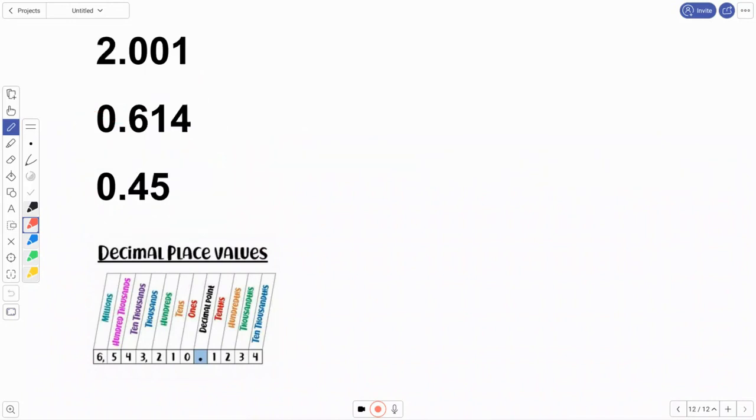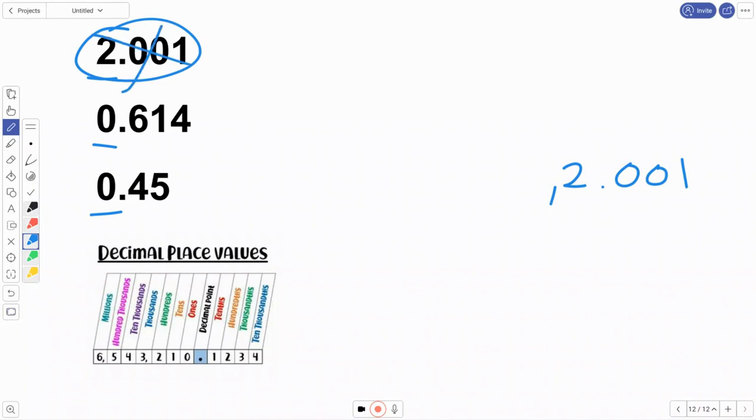All right, let's work through one more. This one, we're working smallest to biggest. I'm going to look here. I see a 2, a 0, and a 0, so that automatically tells me this is the biggest number. So I'm going to write it all the way to the right because I know that's my biggest number. Now I just have to figure out who's bigger and who's smaller from my numbers remaining.